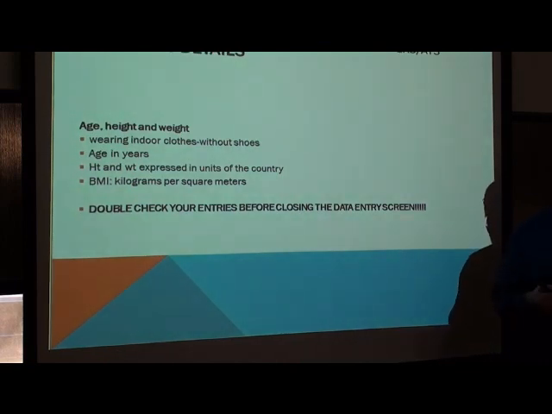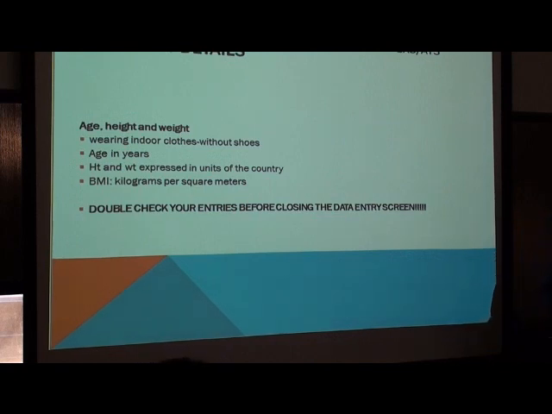Weight is presented. That's useful for the interpreting physician to look at some patterns associated with obesity. But everything that's on the data entry screen, everything, including what's imported from Epic, needs to be reviewed with what you have as the source for truth.